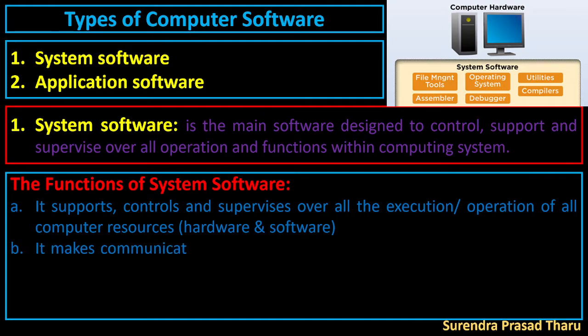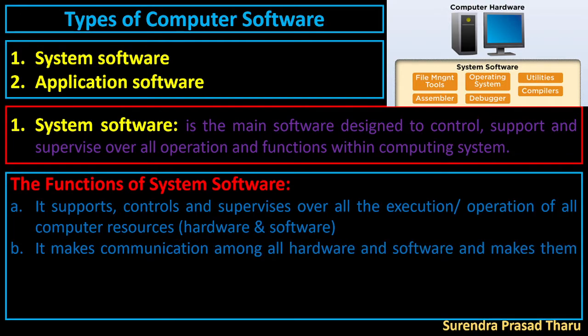It also makes the communication among all the different hardware and other application software to make them workable. So we can say that system software makes the communication and interface, as well as provides the working environment to almost all hardware as well as other application software.